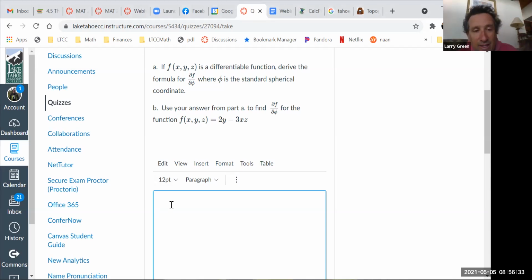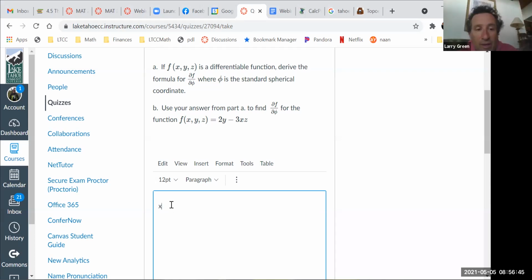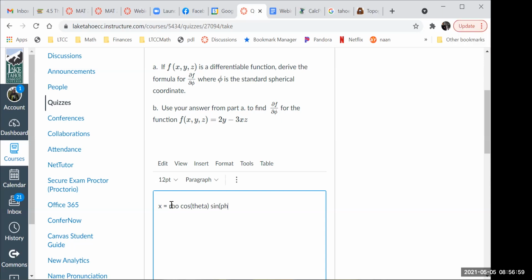Yep, that's the start of it, but not cylindrical, so it's going to have a rho, not an r. So x is equal to rho cosine of theta, and then times, do you remember? Sine of phi. Yep, sine of phi.